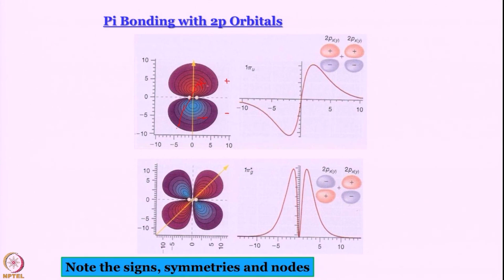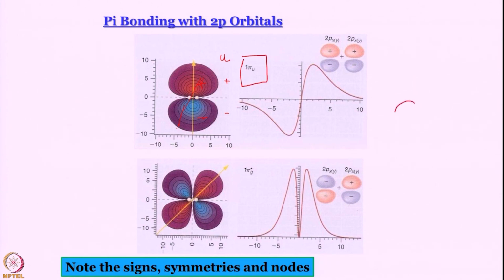So, this is called antisymmetric with respect to inversion, and the term for it is ungerade. These molecular orbitals come with the subscript u. So, this is called a pi u orbital. You can neglect this one for now. Why pi? Because it is a pi interaction.